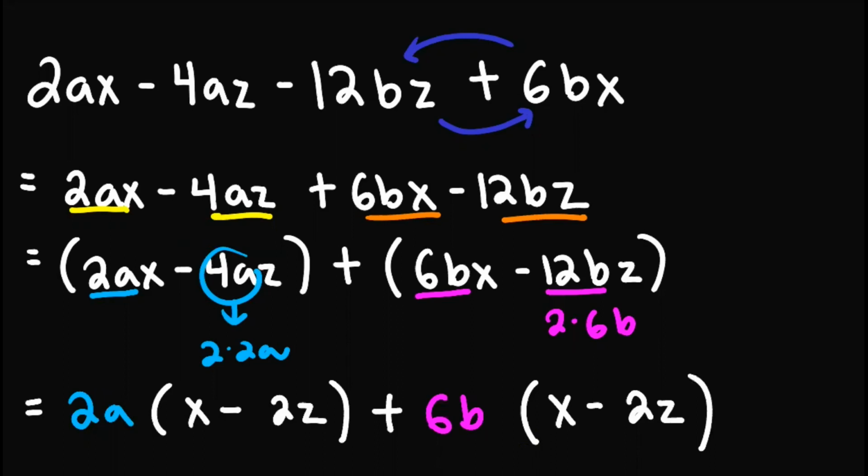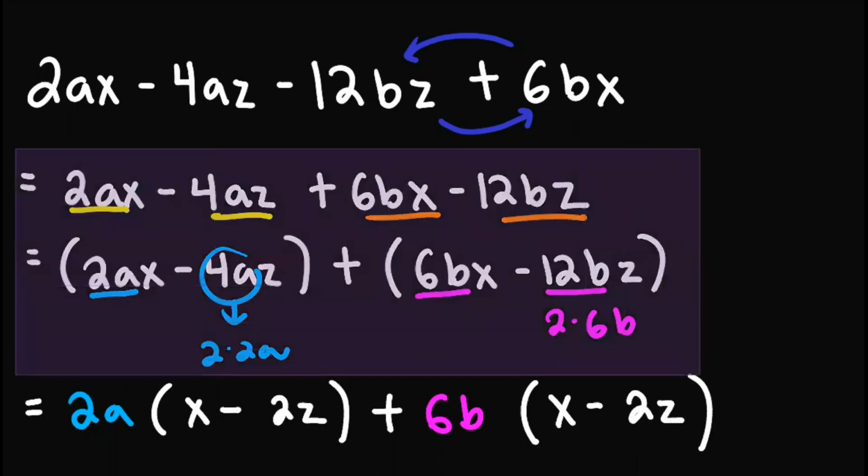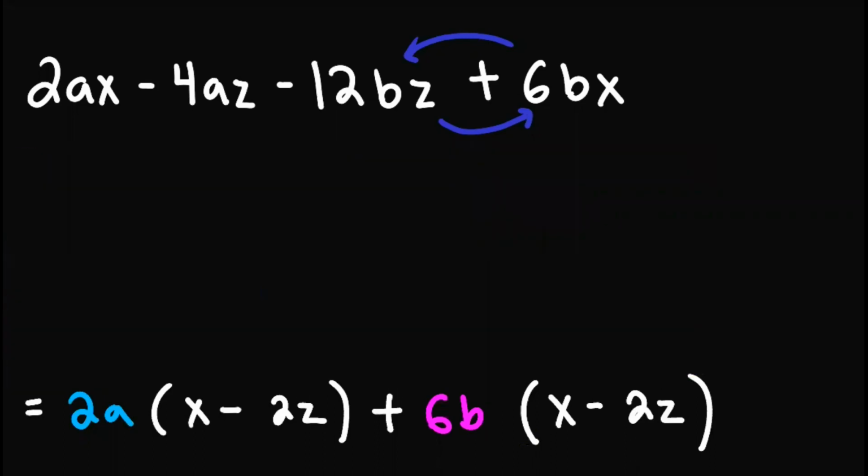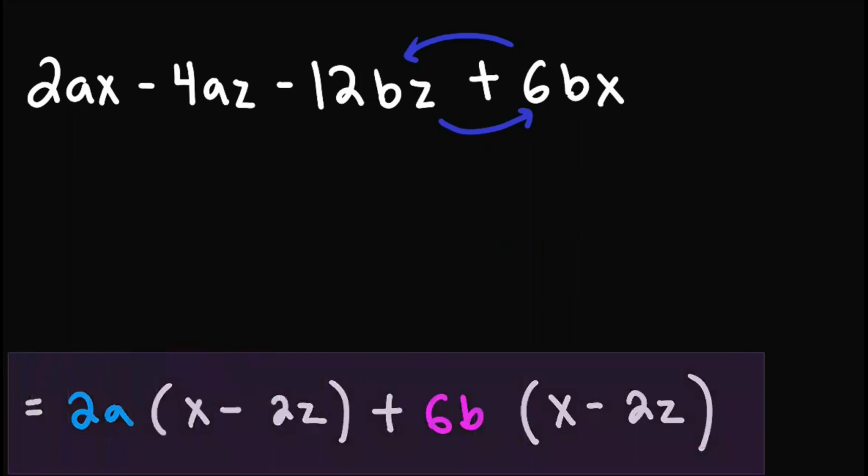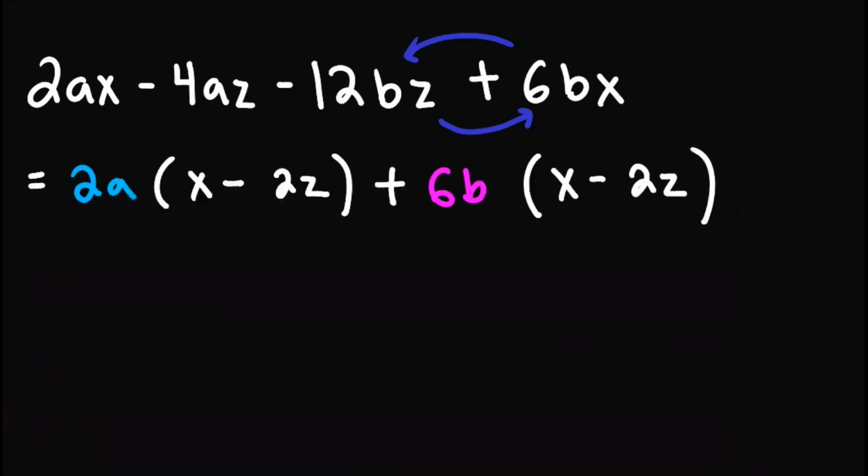So let's clear out some space. Now, similar to what we did a while ago, since the expression left inside is the same, we can factor that one out. So we'll have here x minus 2z, and what's left inside is 2a plus 6b.